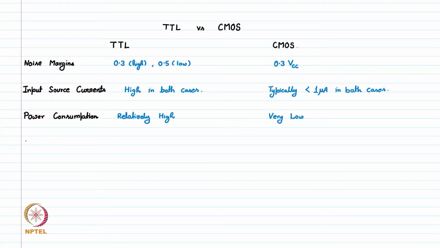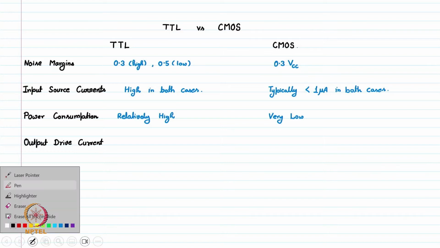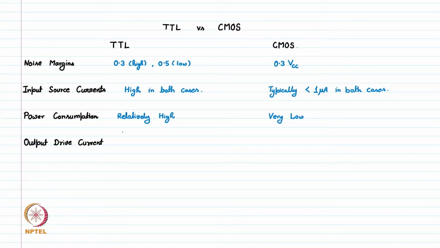Output drive current, how much output drive capability the gate has. The output drive current for TTL is actually asymmetric.